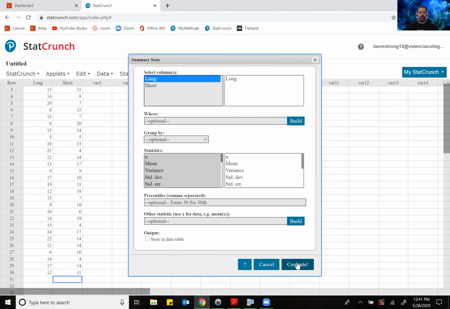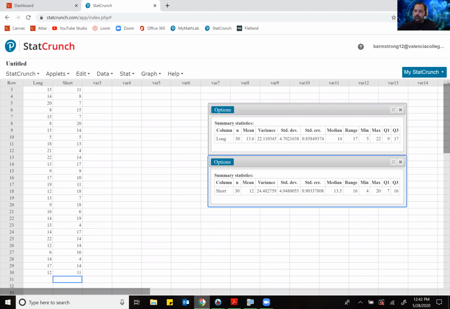Okay. So the mean for long, let's see which one wants in our data first. So let's scroll back up. So A, it wants the long. So our mean for long is 13.6. Our mean for short is 12.